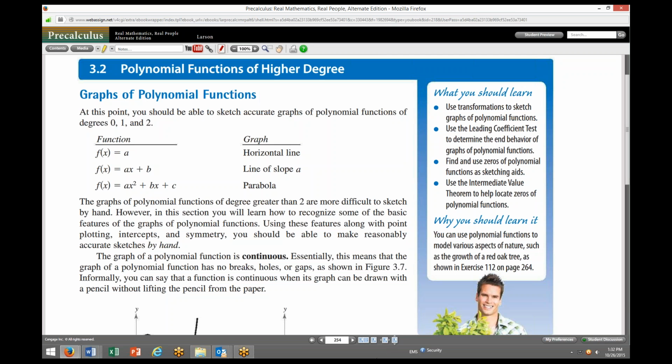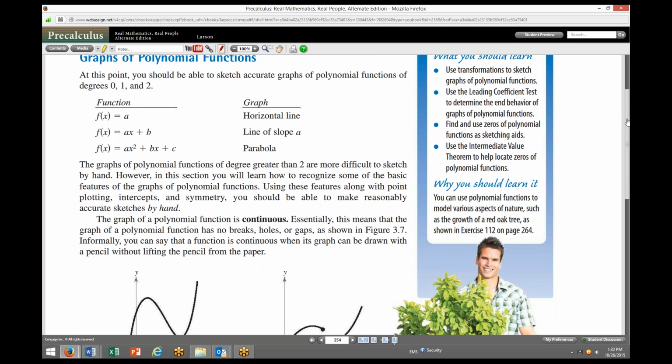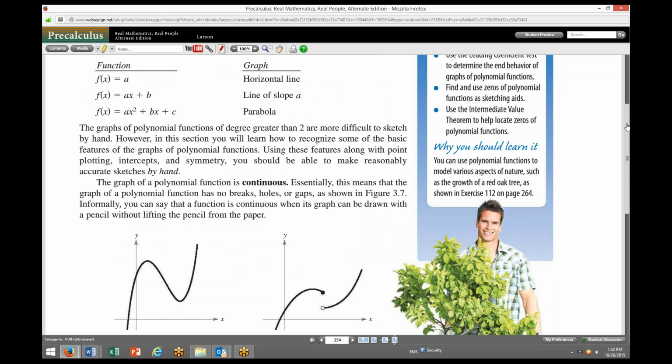So going on past x squared, there are some common characteristics of the graphs of polynomial functions of various different degrees, regardless of how high or how low they are.